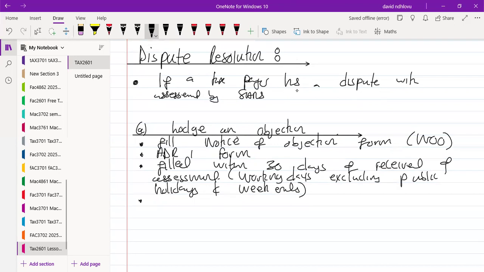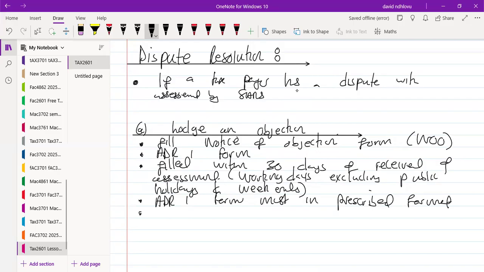The ADR1 form must be in the prescribed format. You can't just write a letter to say I'm disputing; you have to fill in the prescribed ADR1 form.